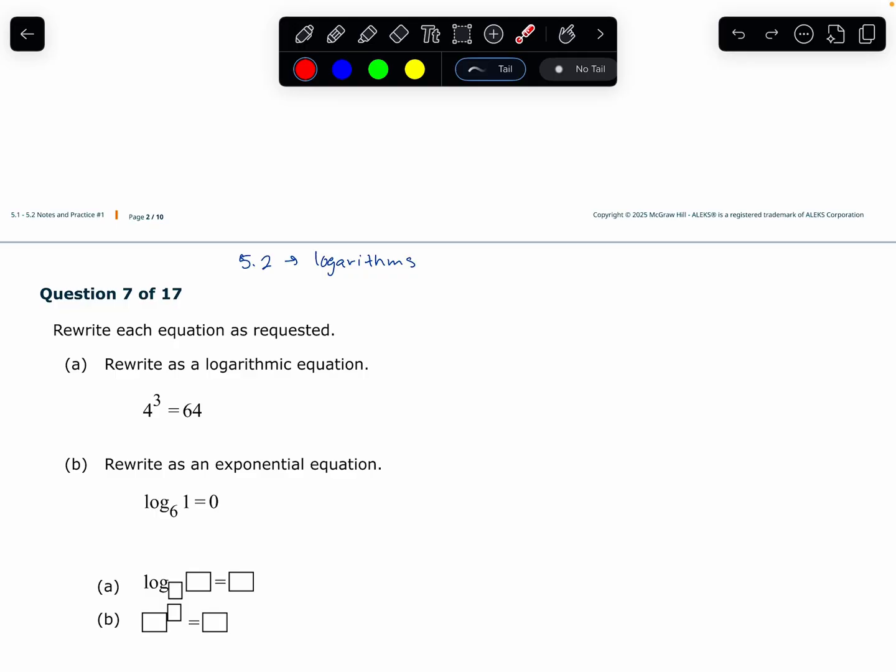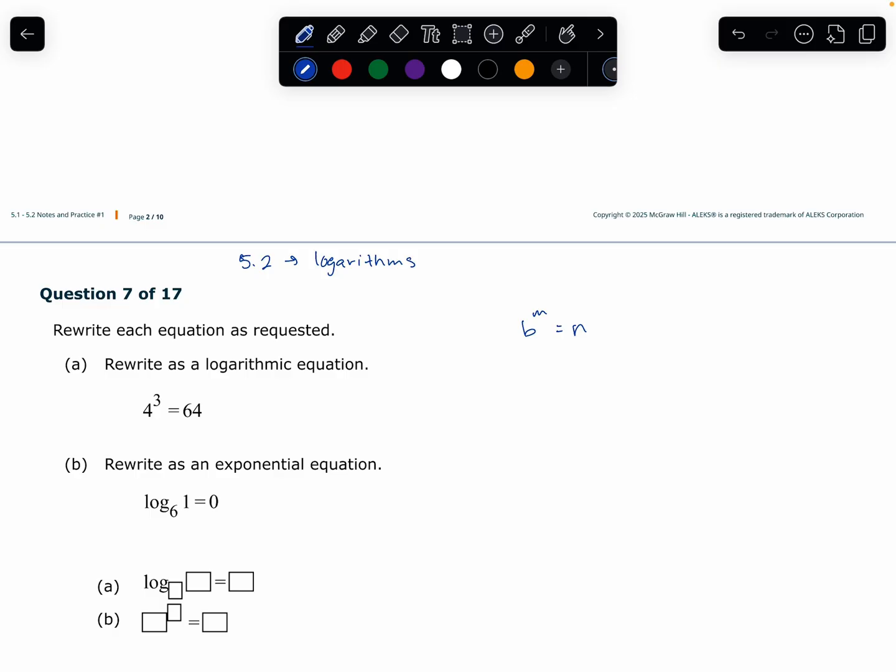So if you have an exponential, we're going to say b for base. So if you have a base b raised to some m power, that's going to be equal to some n number.